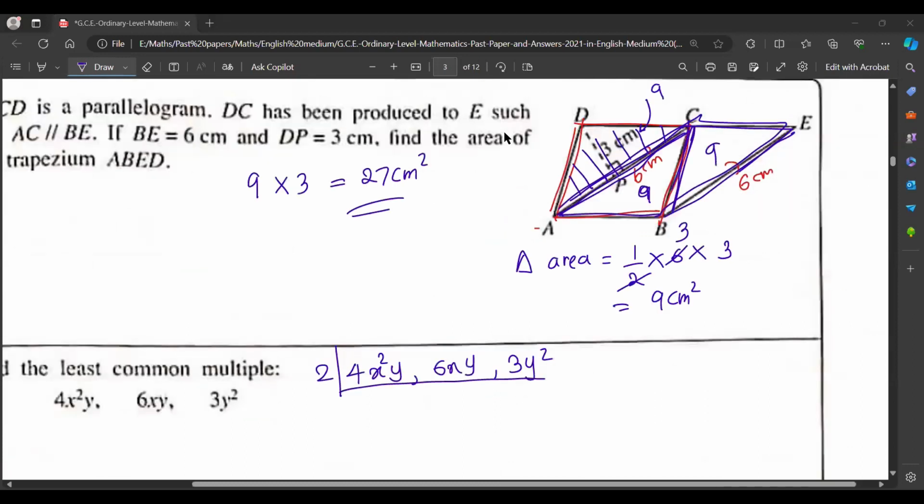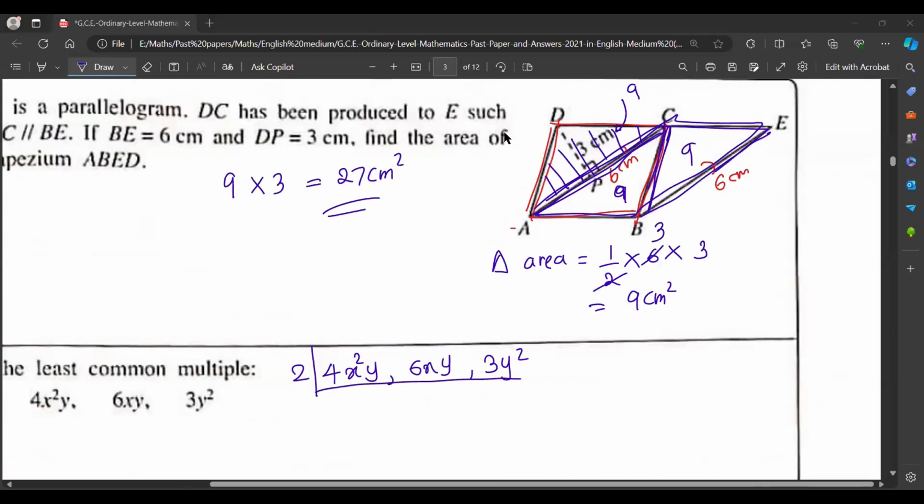So here, this triangle area should be what? Half into base into height. Base is 6 centimeters, height is 3 centimeters. Half into 6 into 3: cancelling 2 and 6 gives 3, and 3 into 3 is 9 square centimeters. This blue color one is 9.